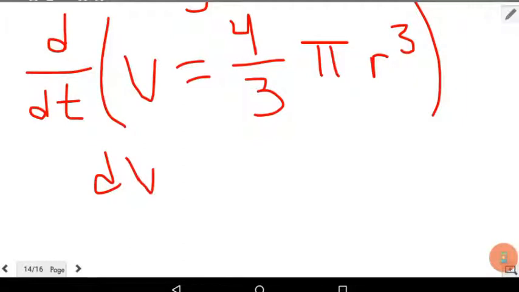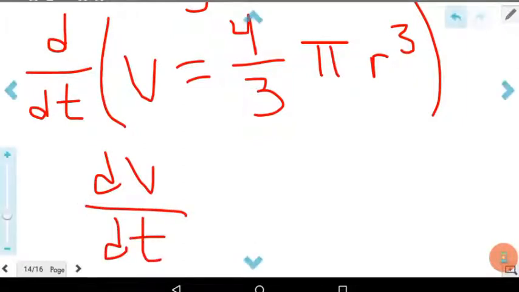So the best we can do is say that the derivative of v is dv dt, which literally just means the derivative of v with respect to time. Then, similar on the right side of our equation, we have some function of r, which is actually a function of time. So when we take the derivative over there, we're going to need to use the chain rule again.